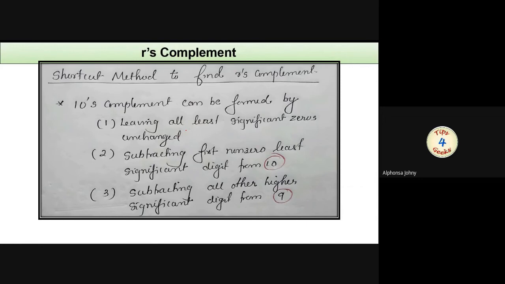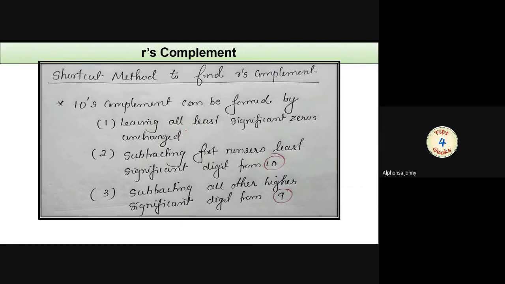All the zeros in the least significant digit positions are retained as they are. Then the first non-zero digit is subtracted from 10 and the result is written in the tens complement. Then all other subsequent digits must be subtracted from 9.